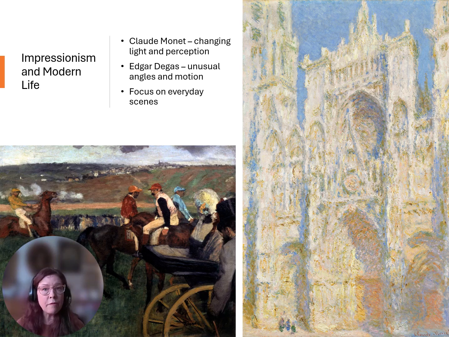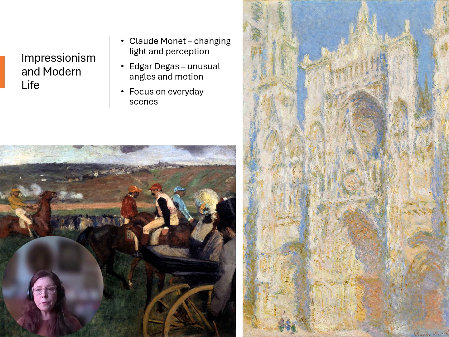And then, if you look at the image on the left, you see work by Edgar Degas, another French painter born in 1834. And Degas is also associated with Impressionism, but his approach is a little different. He was really interested in movement and perspective, so he often paints scenes of modern life like dancers, cafes, or in this case, a horse race.